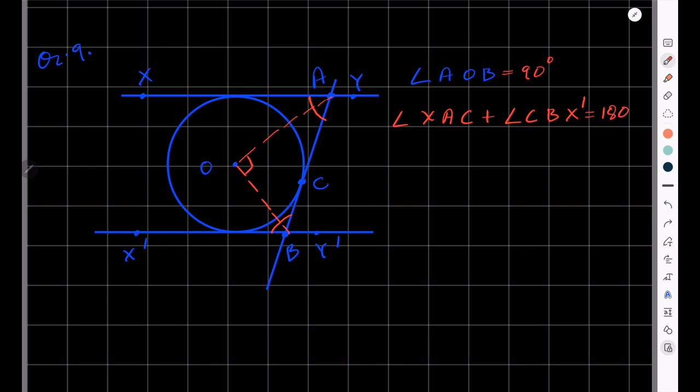But XAC, let us investigate a little bit more in detail.